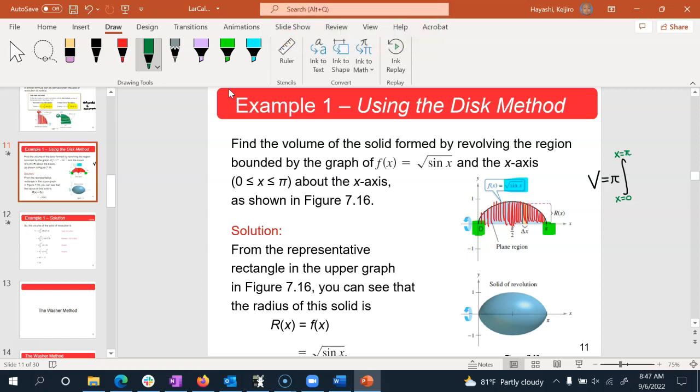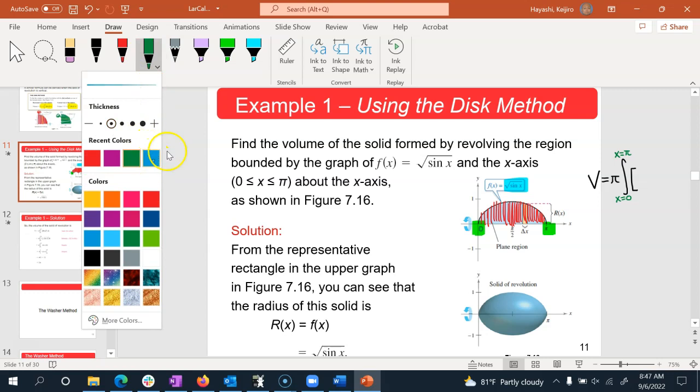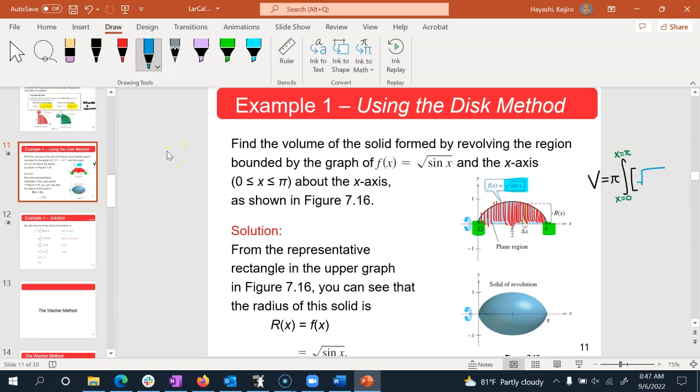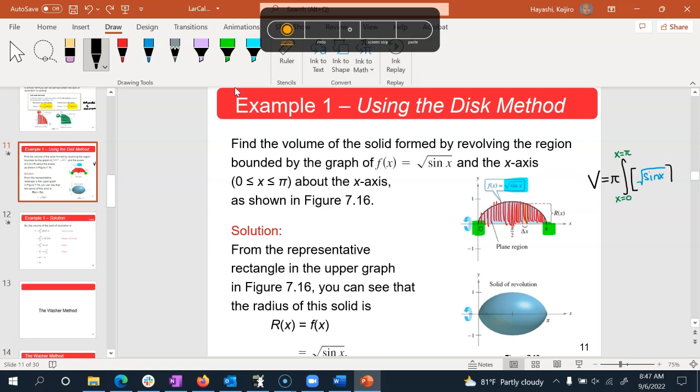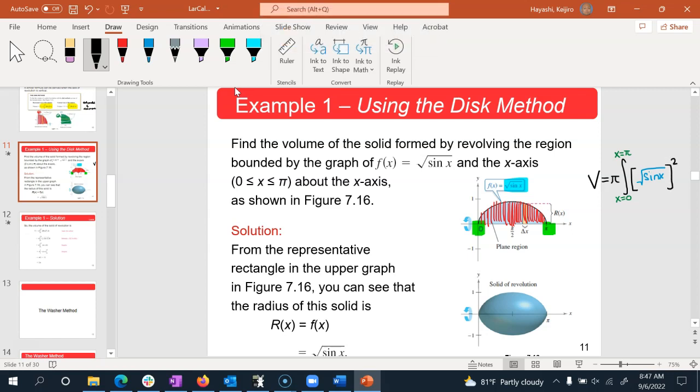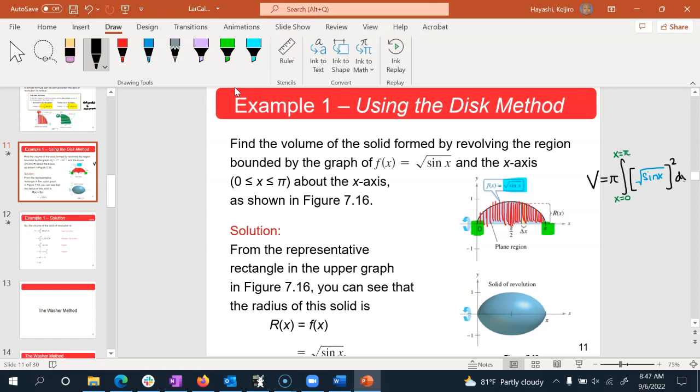So the integral from a to b of whatever function describes the radius, which in our case is the function square root of sine of x, squared, dx.